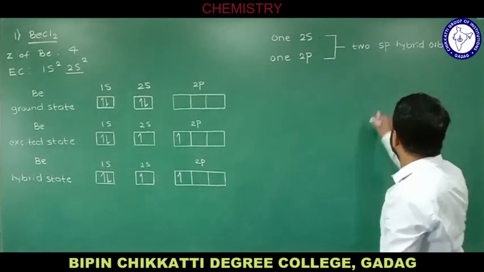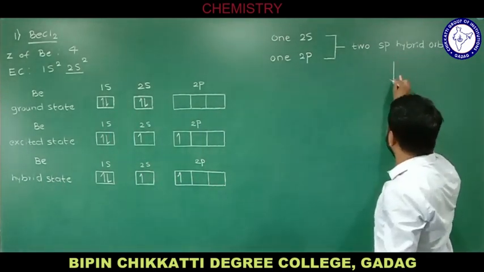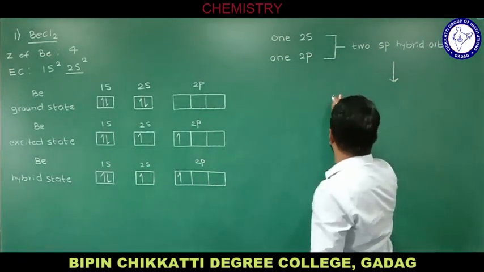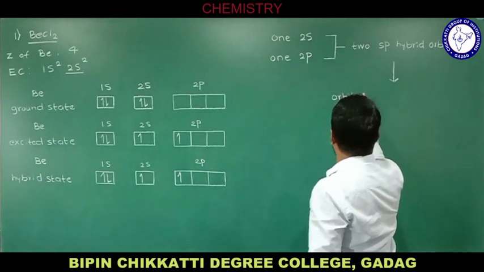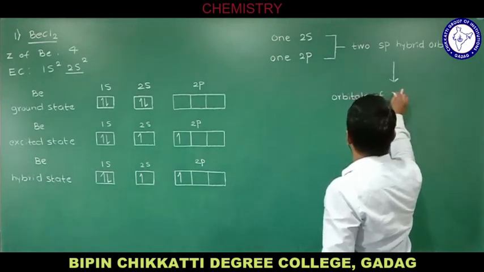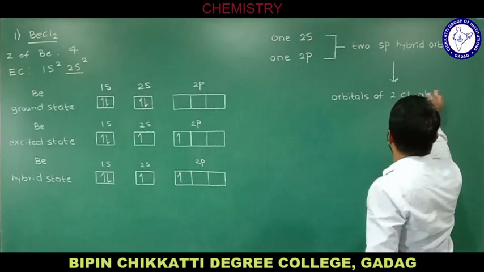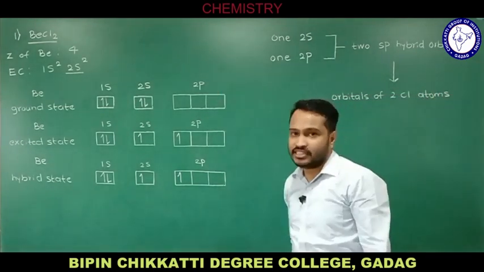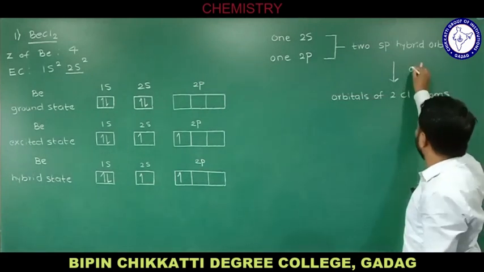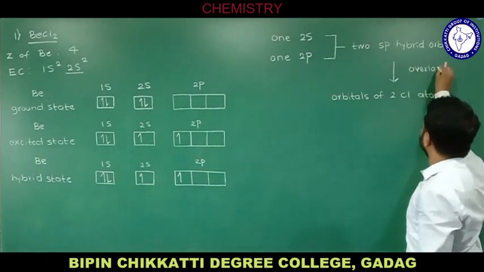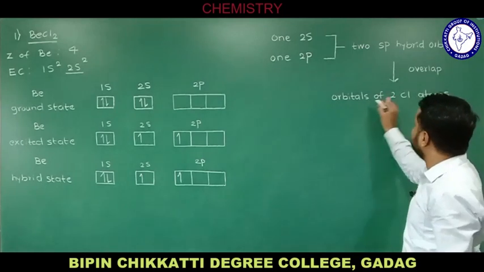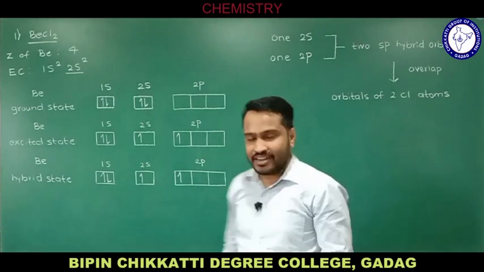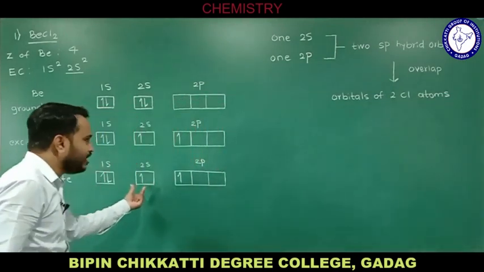Later, these 2 sp hybrid orbitals are going to overlap with the orbitals of 2 Cl atoms. If you consider BeCl2, we have 2 Cl, isn't it? So these hybrid orbitals are going to overlap with the orbitals of 2 Cl atoms. And how does the overlapping take place? This is one hybrid orbital, and this is one hybrid orbital.